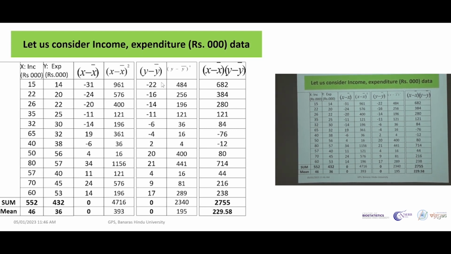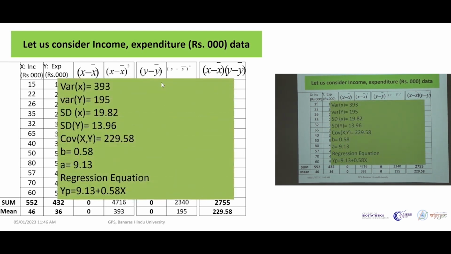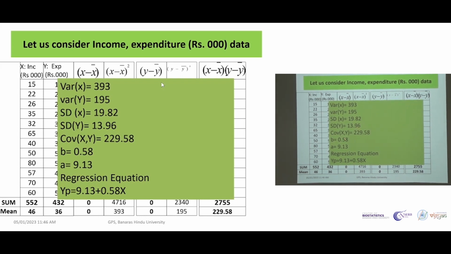Mean of this column is variance of Y. Mean of this column is variance of X. So, on the basis of these four values, covariance, standard deviation of X and Y, we can calculate beta naught and beta 1.